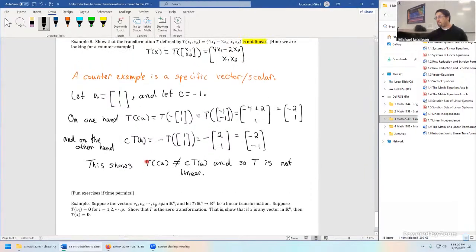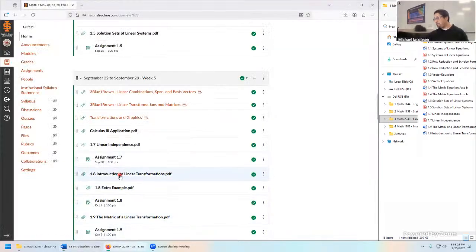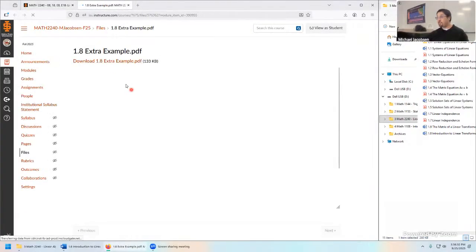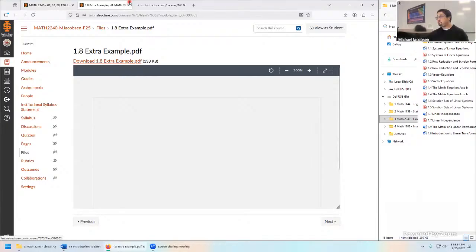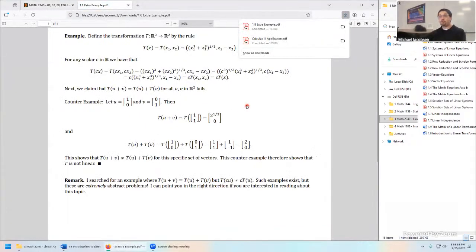Those are some additional properties, but I also wanted to show, just for the sake of variety, one more example along these lines. So example 1.8, the extra example, is kind of an unusual one because this is a problem where linearity fails in a strange way. One property works for this mapping, going from R2 to R2 again. Notice how convoluted it is.